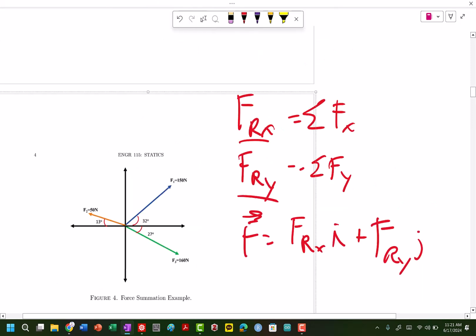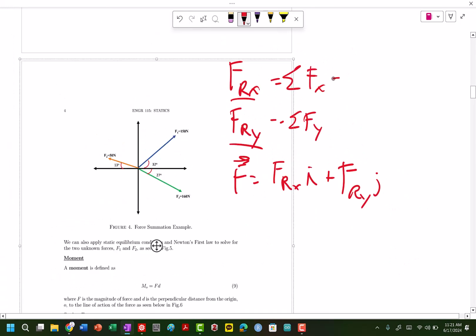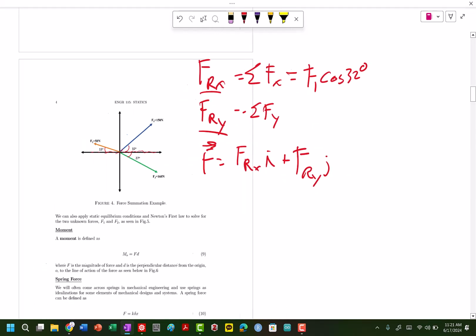So if I'm looking at the sum of the forces in the x, I'm going to be looking at force 1 magnitude times, because I want the x component, cosine of 32 degrees. I'm also going to take the x component of this, which is in the minus direction, so minus F2 cosine of 13 degrees.